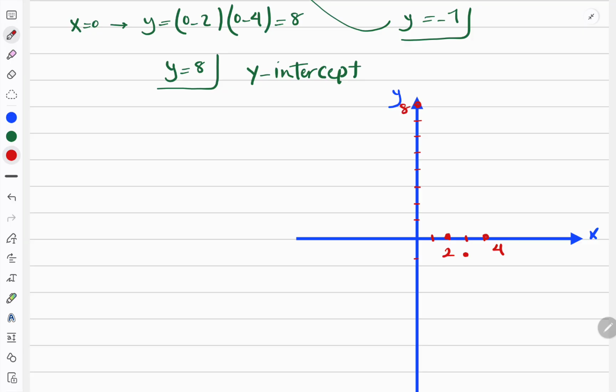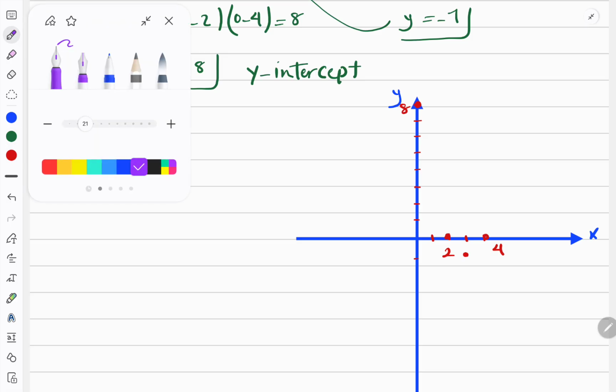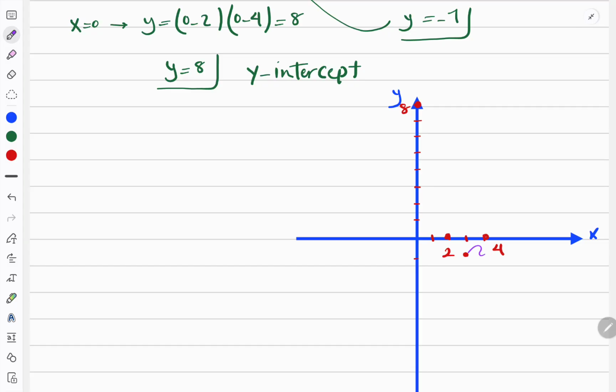And here. Okay, and I'm gonna draw a graph. We can continue this side. Okay, and this is our graph.